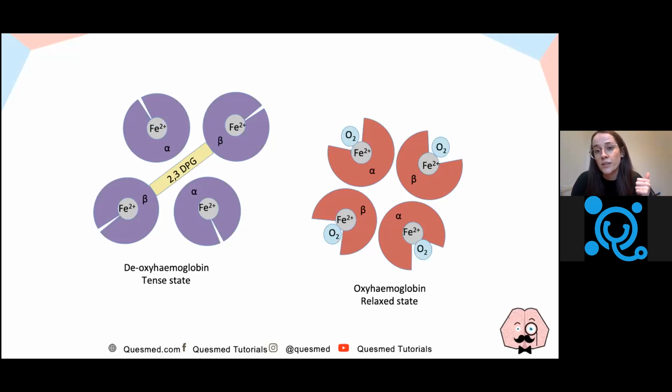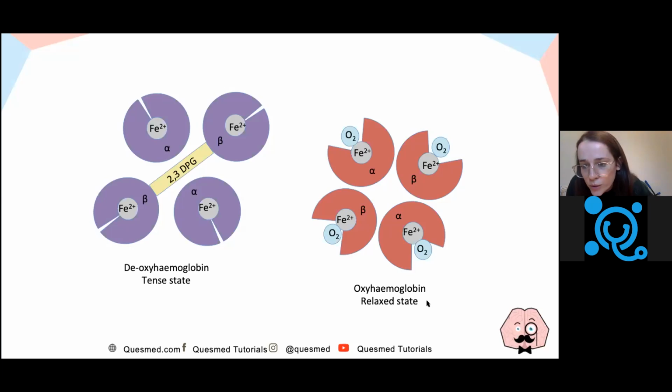So CO2, acidity, 2,3-DPG, exercise, temperature, and they all are going right. Another way of remembering it is to think about what happens when you're exercising, what happens to those muscles, and that's my way that I always remembered it. Okay.